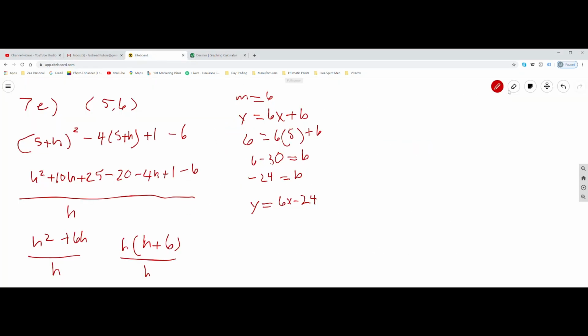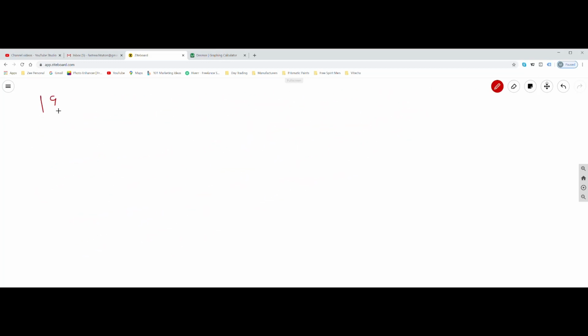Okay, so let's do 19. So 19, we have 20 over square root of p minus 1.